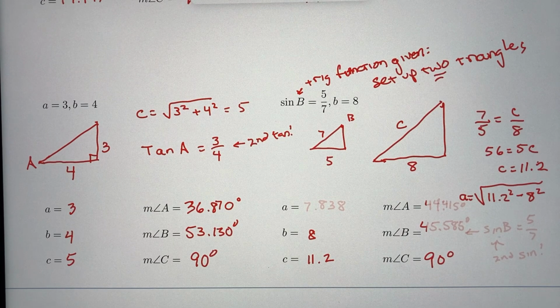Okay. Incidentally, larger angle, larger side. C should be the biggest side in all of these problems. If you're getting a side that's bigger than your hypotenuse, you have trouble. How do you find either of these angles? Well, they gave you a trig function. They said sine B, when I say they, I mean me, is 5/7.